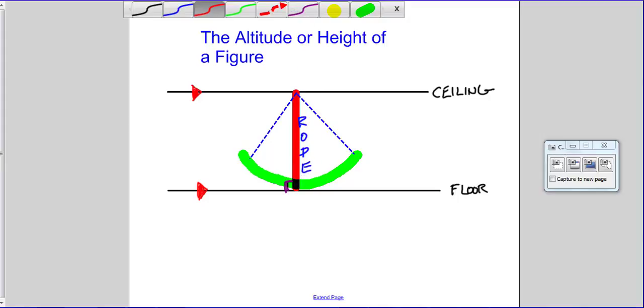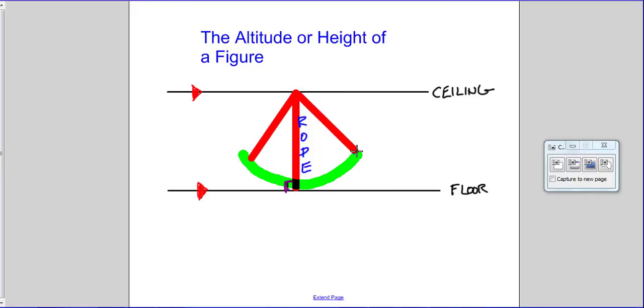For example, if I extended the rope, or let's put it this way, put the rope in this position or this position, the length of the rope is the same, but notice it is not touching the floor when you come out like this at a slant or at a slant like this. Now these are actually the radii of a circle, because this is an arc here in green.